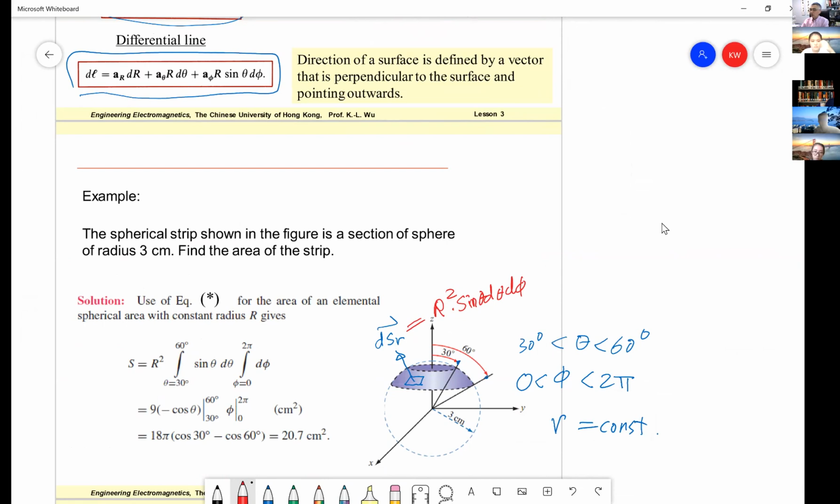This is a differential area. We just collect all the d theta and d phi in this range, and we get the surface. That is why we get integration, right? This is how we formulate the problem. This is why we are so interested in differential area, differential length, and differential volume.